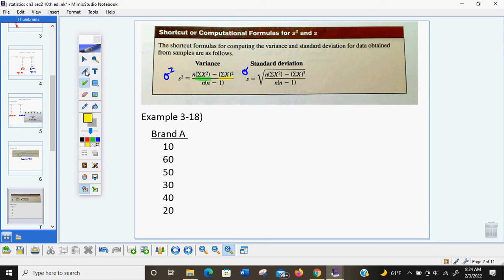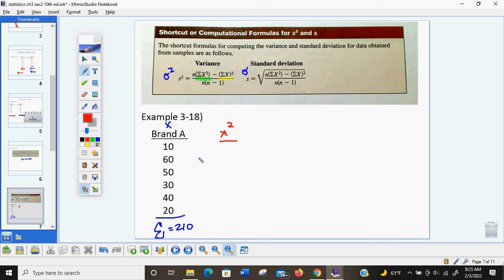So let's do this from start to finish, and let's make sure you've got it. Here's my x's, okay, this would be my x column. If I add all them up like we did in the previous example, we know that that adds to 210. Now I need to make an x squared column. So I take all these numbers and I square them, okay?